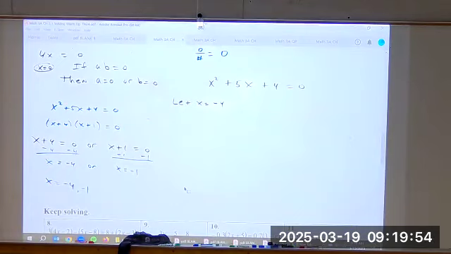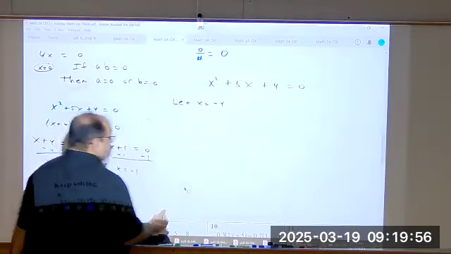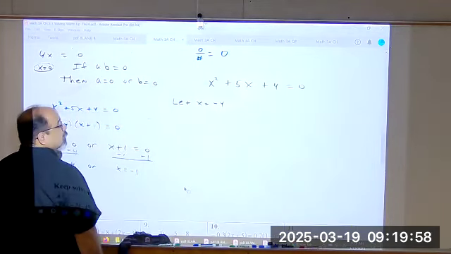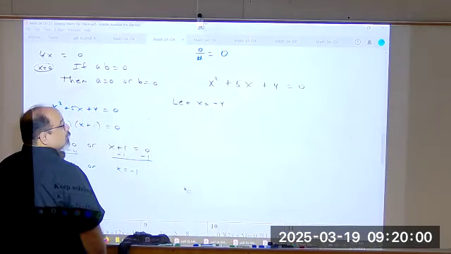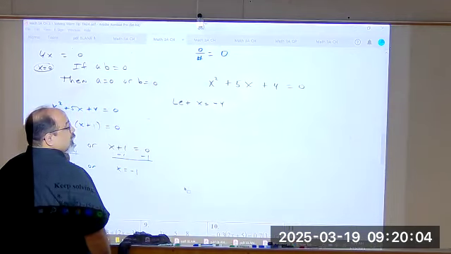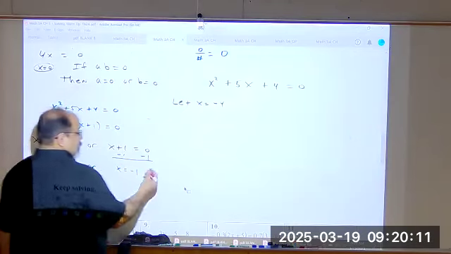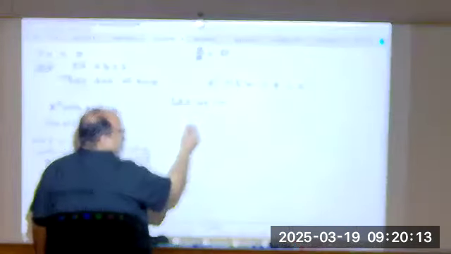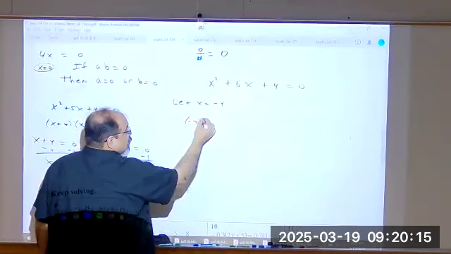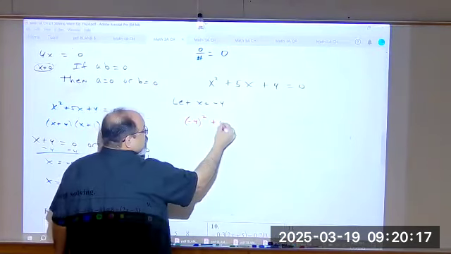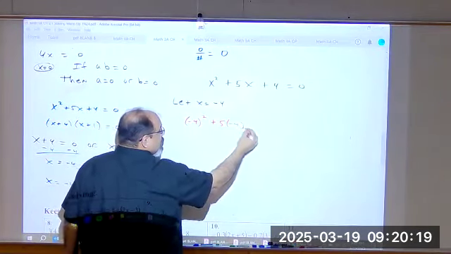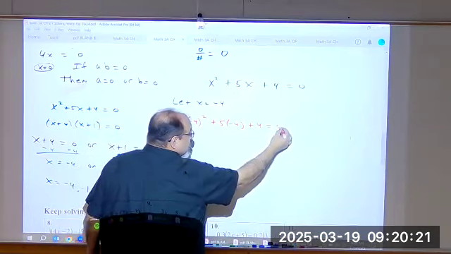F of negative 4. When I plug in the negative, what do I need to make sure happens? You have to be really careful, so you got to put parentheses. So negative 4 going in, we get negative 4, then we're going to square it, plus 5 times the negative 4, and then a plus 4 is supposed to make 0.